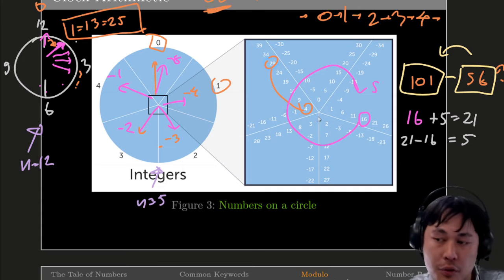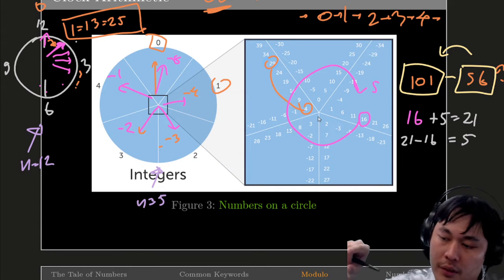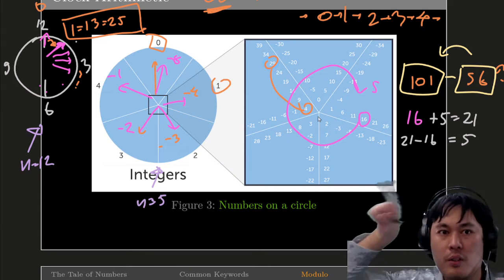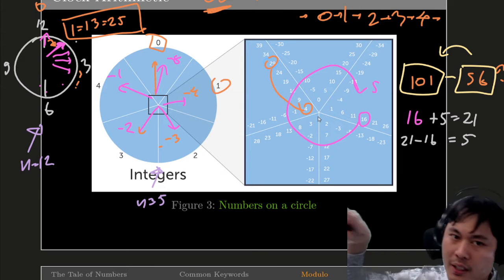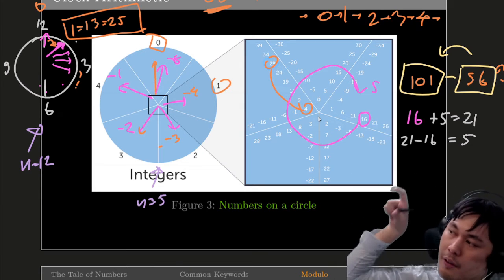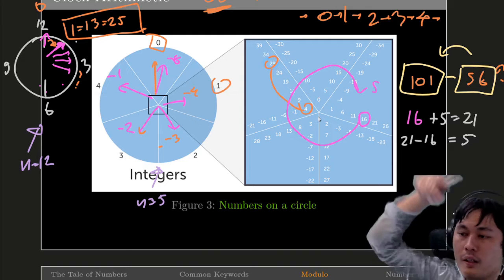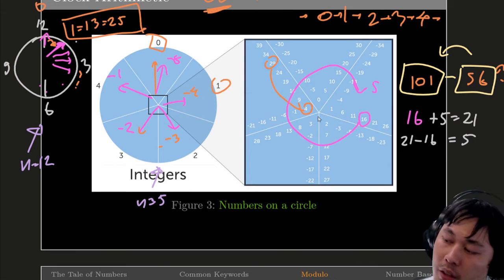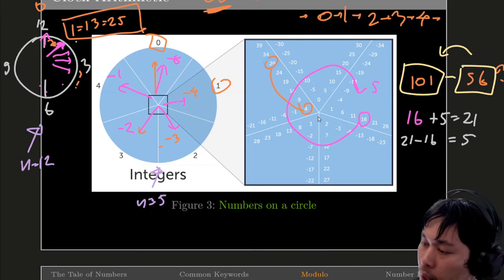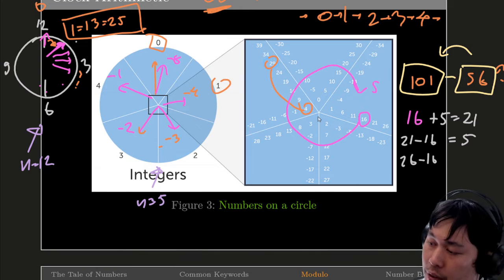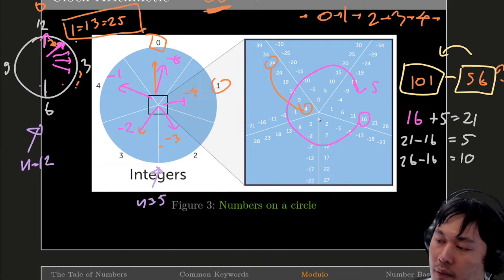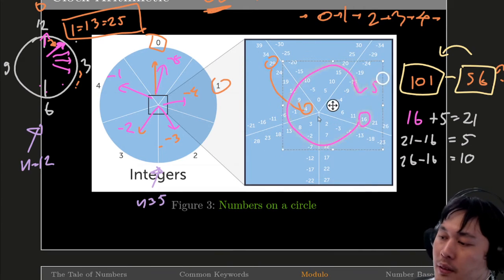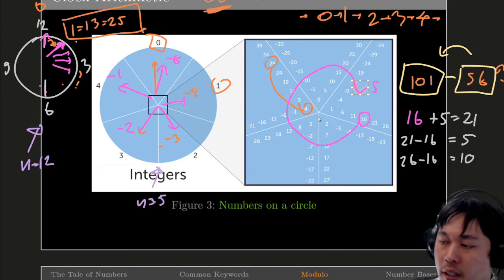You can see here if two numbers are 5 units apart, or if the difference is 5, then if you start from the lower one and go around the clock one time, you will end up with the other number. And you can see if the difference is 10, you go around the clock twice and move 10 steps ahead.